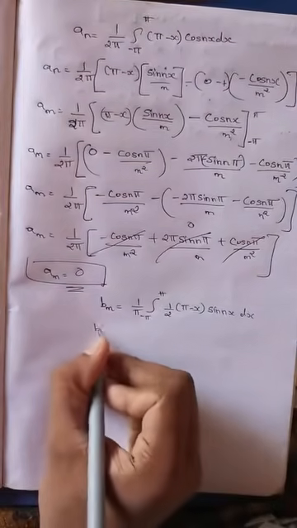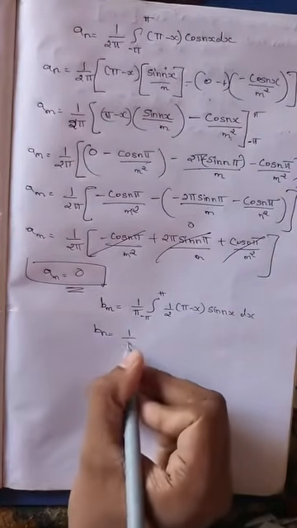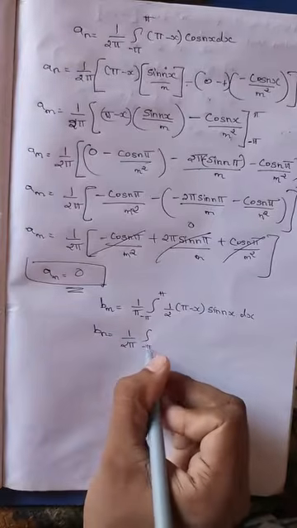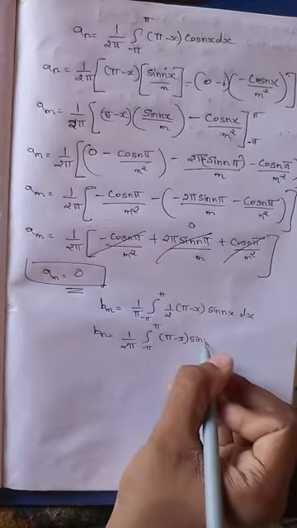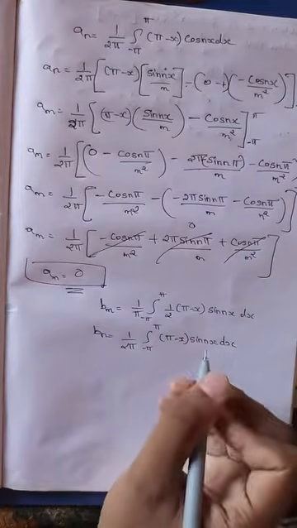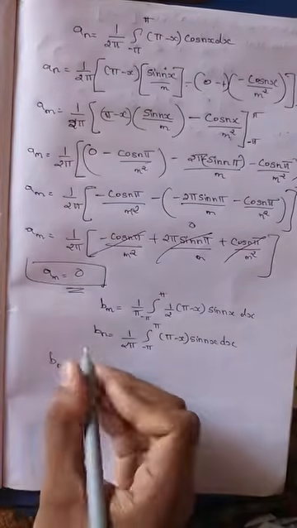So now let's find bn. Take 2 outside, pi minus x sin nx dx. So again use the same Bernoulli's rule.